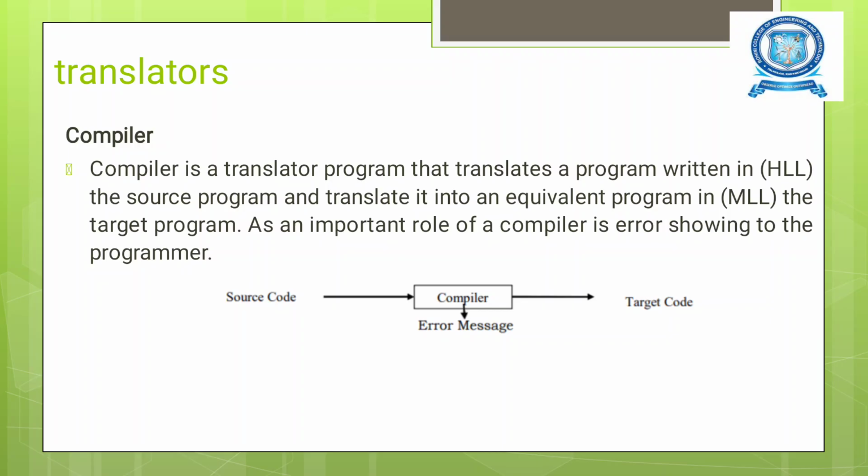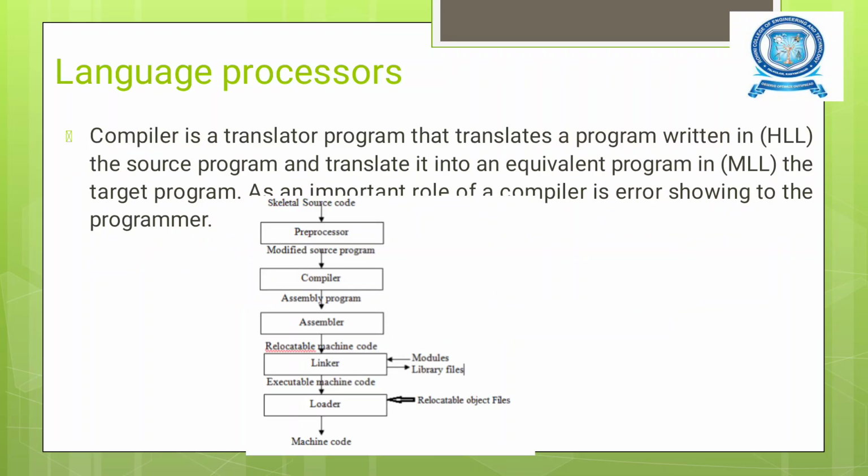An important role of the compiler is also error handling. After the compilation, it displays the types of errors and what the errors are in each phase. Now the cousins of compilers, or the skeletons. The input of the compilation is the skeleton, the source code.